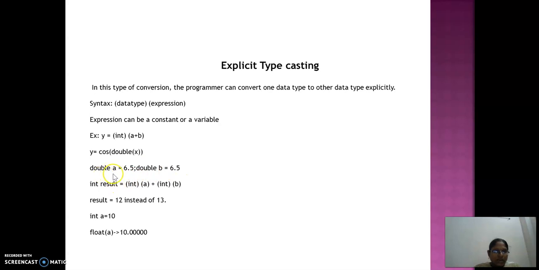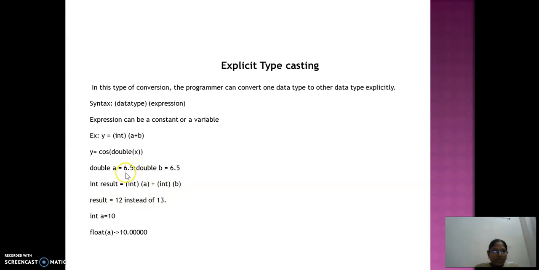See here double a is equal to 6.5, double b is equal to 6.5. Int result is equal to int a plus int b. I am converting 6.5 which is in double to integer value, because the result should be an integer value only.